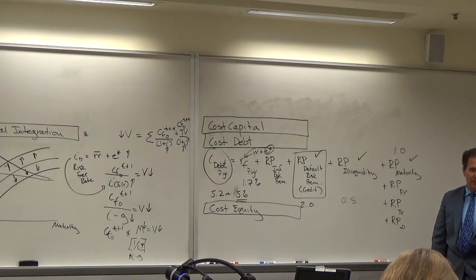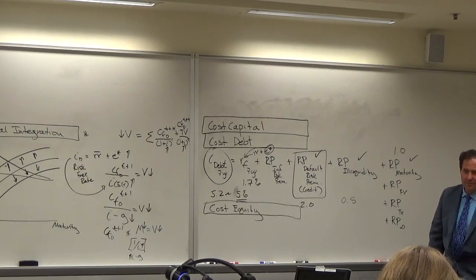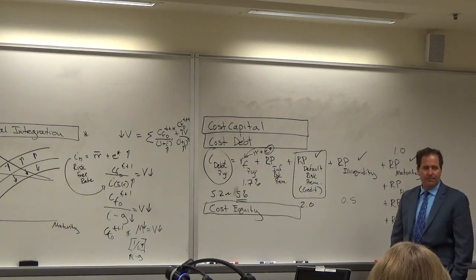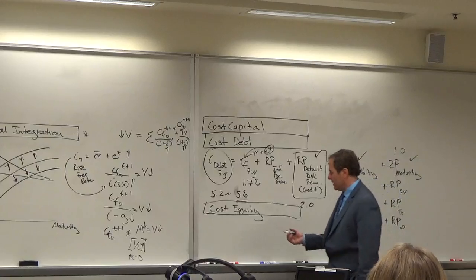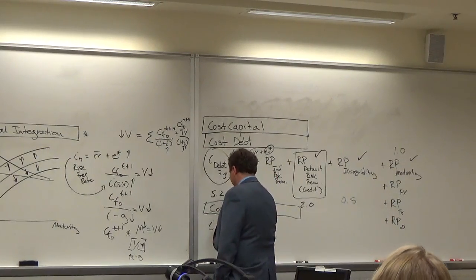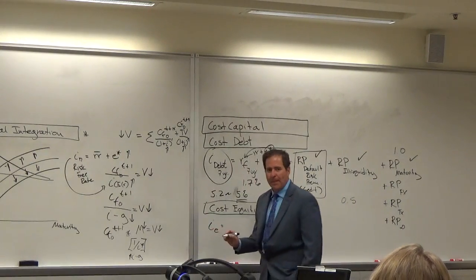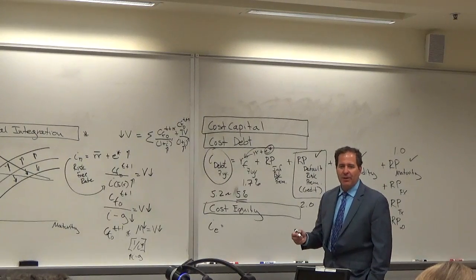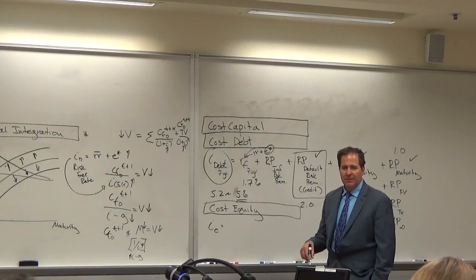What equation do I use? Again, you have to memorize this stuff too. So I got to come up with the cost of the equity. What equation do I use? Just give me the equation and I'll tell you what it is.